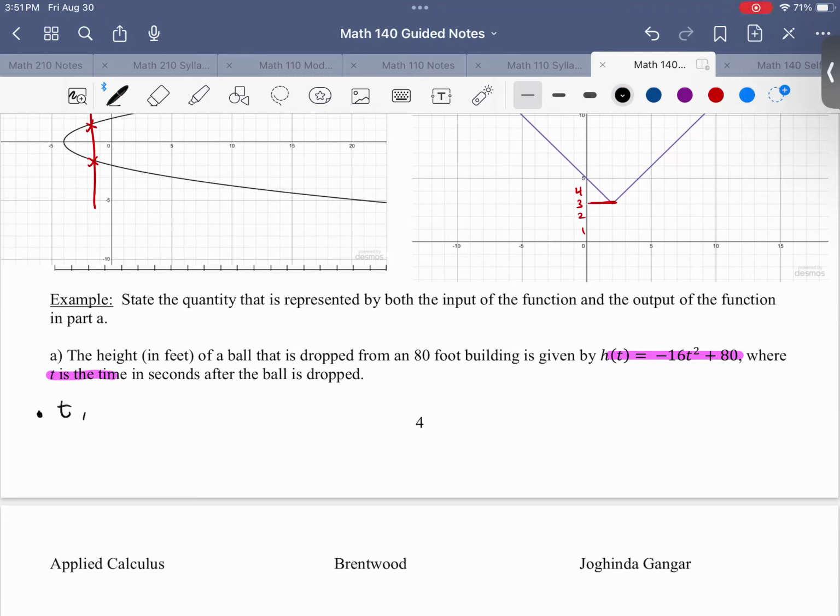Okay, so what this is saying is that t is time in seconds after the ball is dropped, and this is the input.